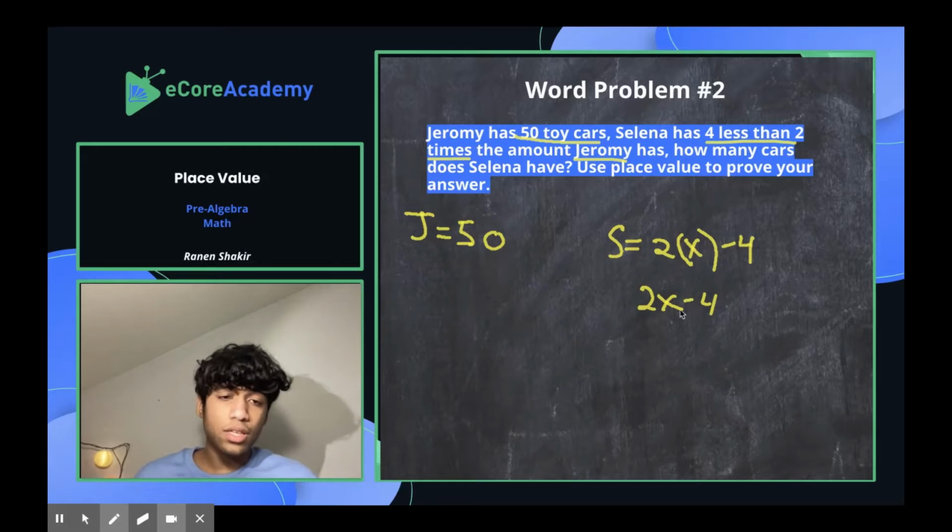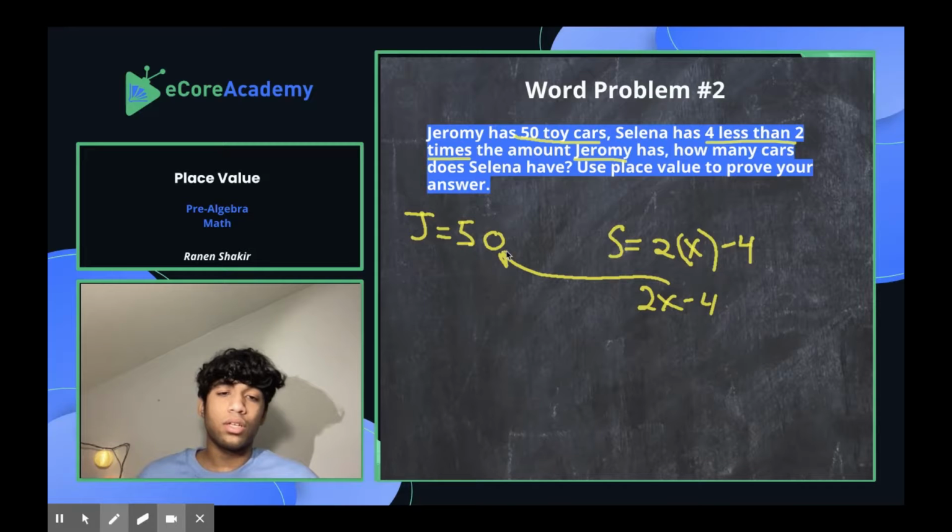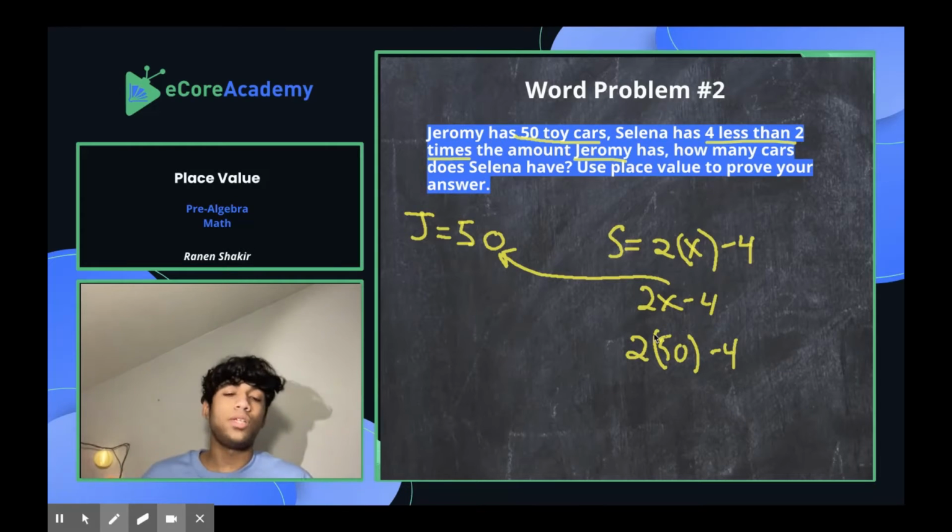The x in this equation represents the number of cars that Jeremy has. The reason we write x is because if Jeremy has a different number of cars, it's going to be a different answer. But in this case, Jeremy has 50 toy cars. So the way we solve this is that we plug in the 50 into the x of our equation. So we get 2 times 50 minus 4. This is the equation you have to solve.